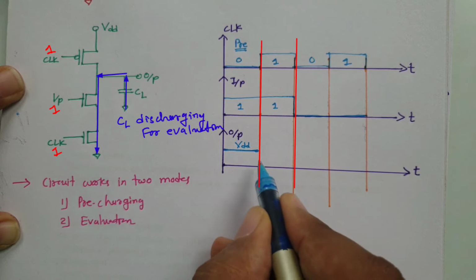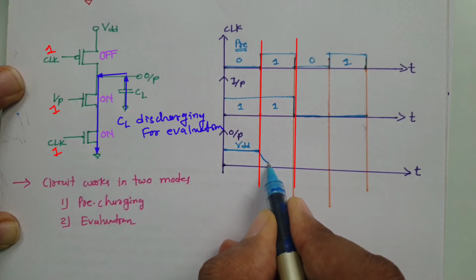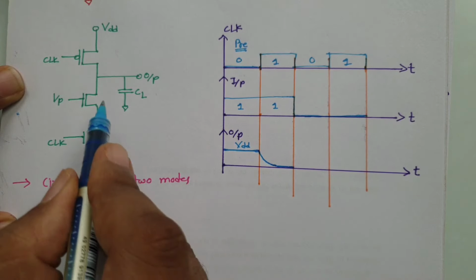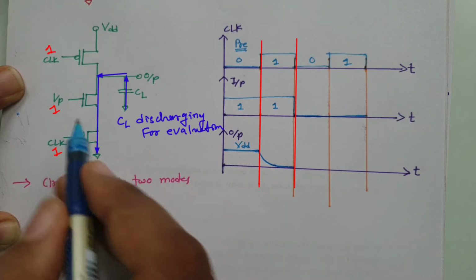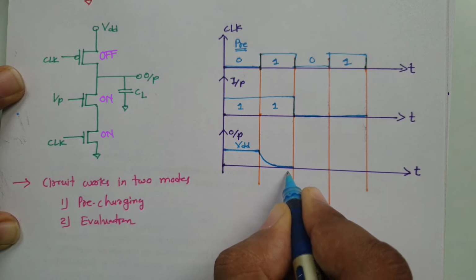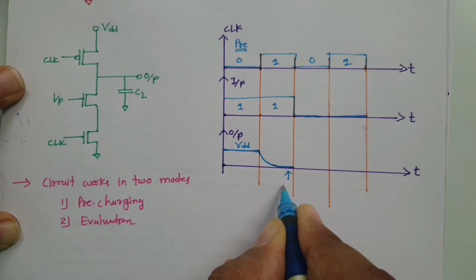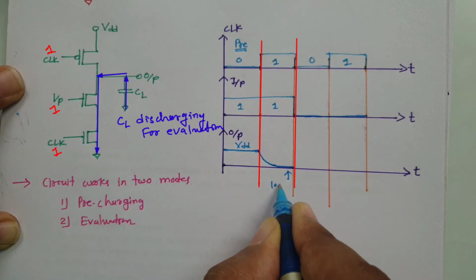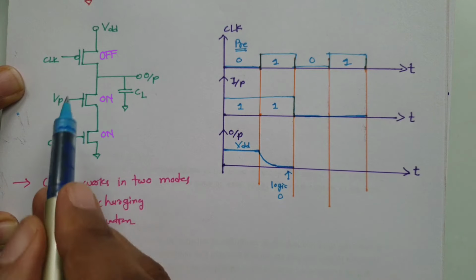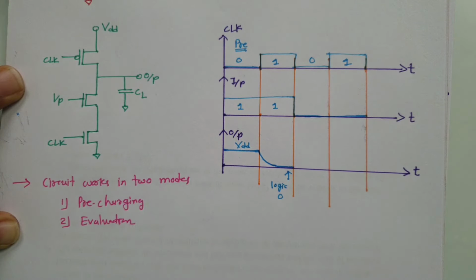So your output will start to discharge, depending on the resultant resistance in this circuit, and it will have output logic 0. So we can say output is logic 0 and input is logic 1. So this is working as an inverter.